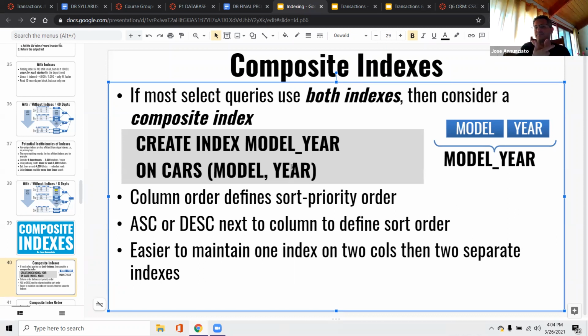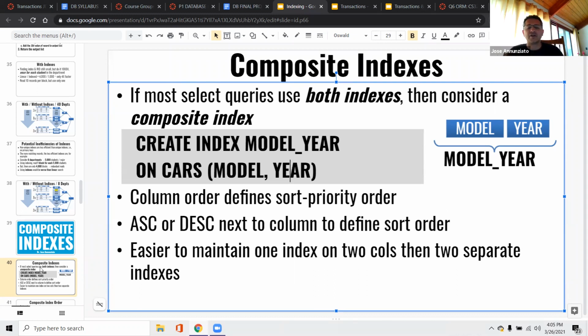And depending on your query, it could be very consequential whether you chose to concatenate it one way or the other, starting with one of the fields or the other. So the queries are going to drive your decision to do the composite indices, and which order you're going to take, which fields you're going to concatenate.